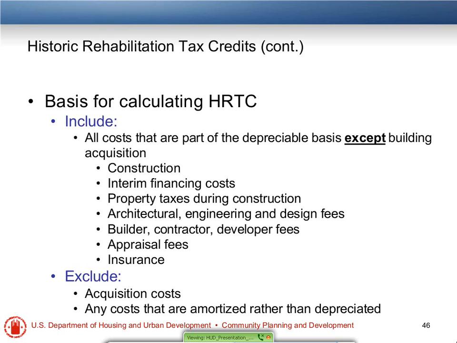If the new construction is outside the walls of the historic building, it's not includable. If you basically do demolition to the interior of the building, that's part of basis. Demolition outside of the building, again, not part of basis.